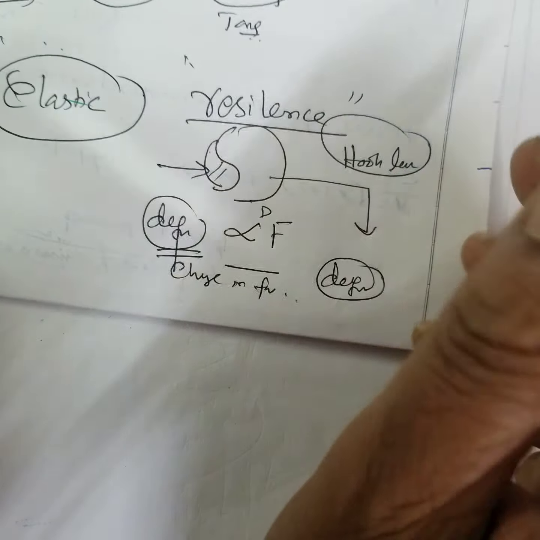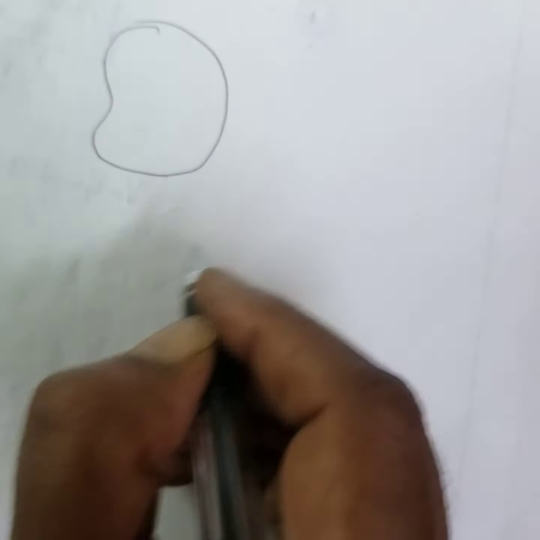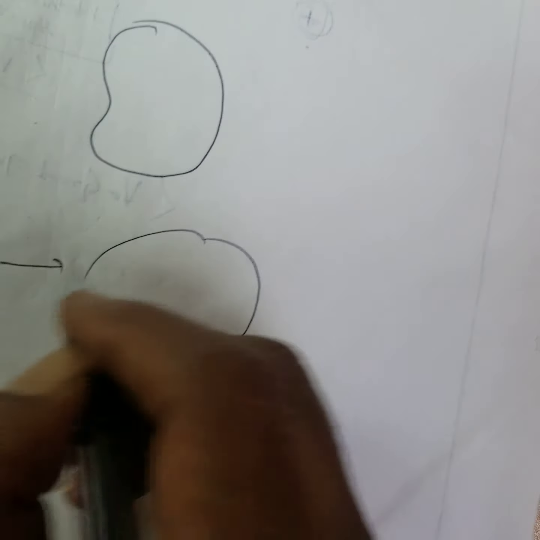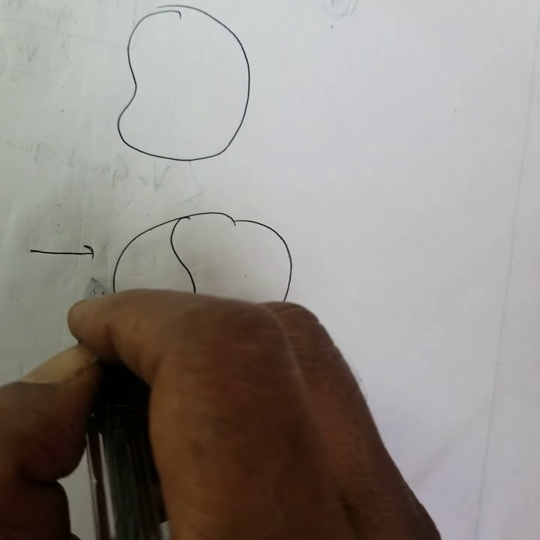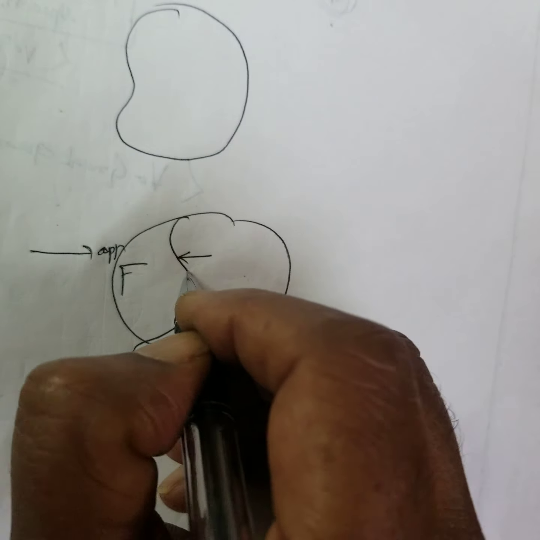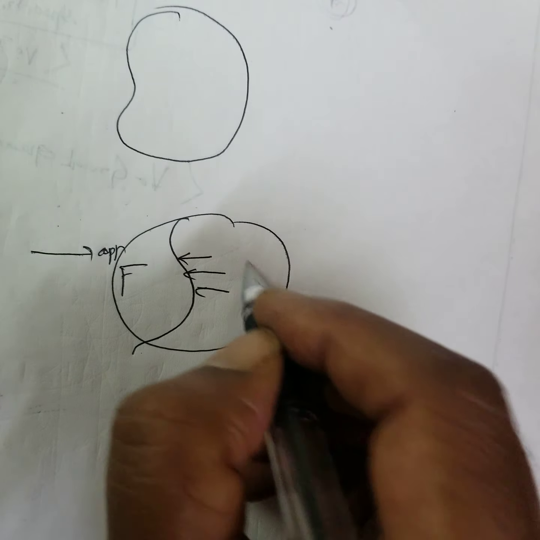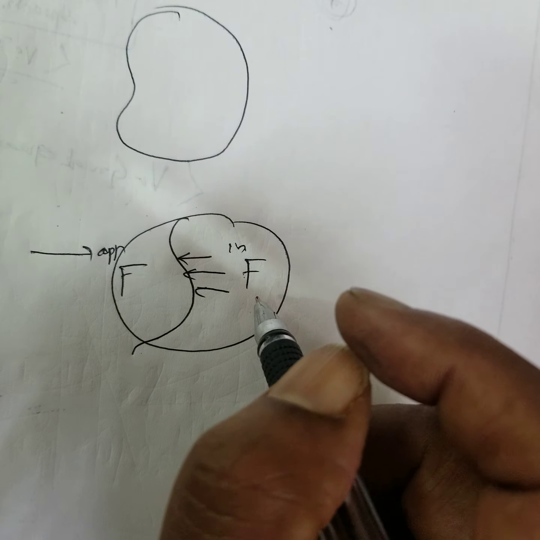I'll tell you what Hooke's law is. Whenever a body is deformed, this is the original body. You are applying a force, the body gets deformed. This is the applied force or external force. An internal force sets in.